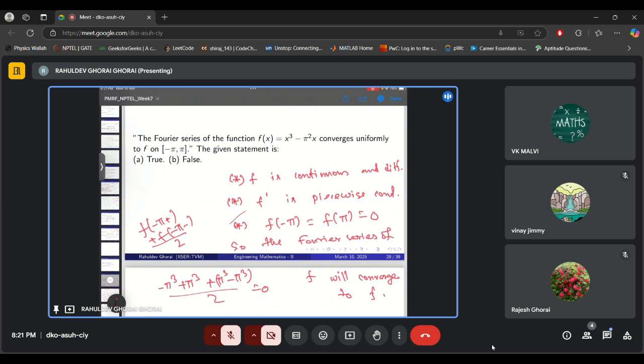There may be other ways to show that the Fourier series of a function converges uniformly, but this is one of them: it has to be continuous and differentiable, f prime has to be piecewise continuous, and the Dirichlet type of boundary condition should also be there. Then the Fourier series of the function will converge uniformly to f. Okay. Any other theorems you know which say this?